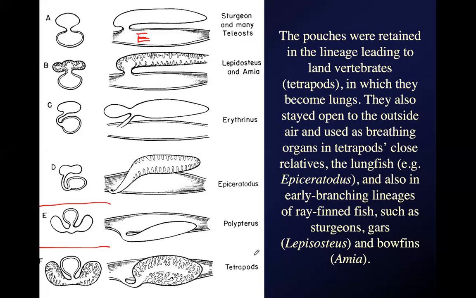Now, don't read too much into this, but that's how lungs evolved, is very early lineages of fish developing pouches on their esophagus that were useful for absorbing air. This is the way that yours develop. This is what yours looked like when you were just a few weeks post-conception. And this also happens to be the way that they evolved. They're little extra pouches on the esophagus for absorbing atmospheric oxygen.